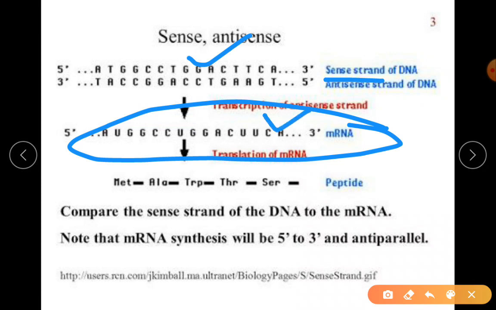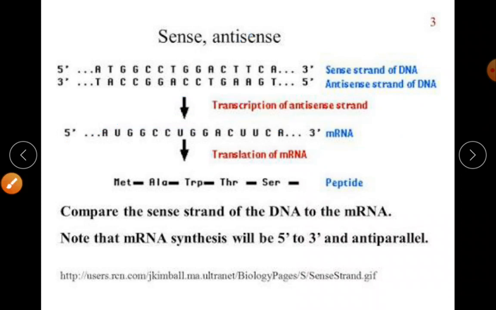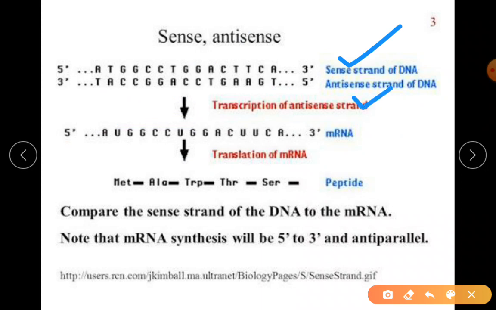But how do you produce mRNA? By using the antisense strand. Which has the genetic information? Sense. Which does not have the genetic information? Antisense. For transcription, which strand are we using? Antisense. Remember all these terms.